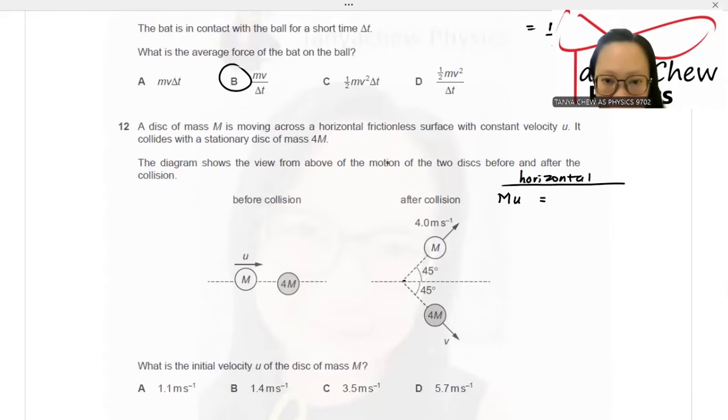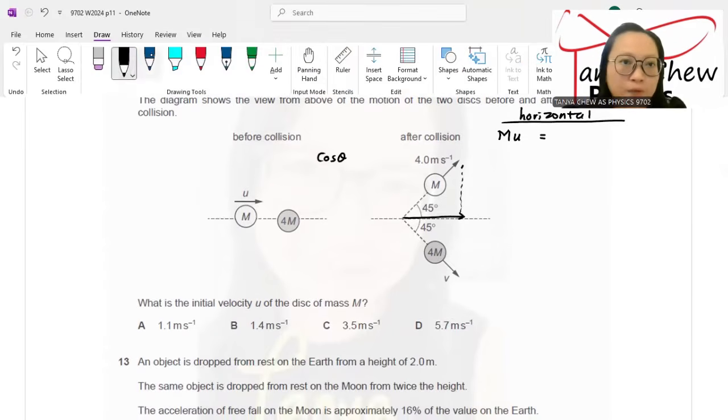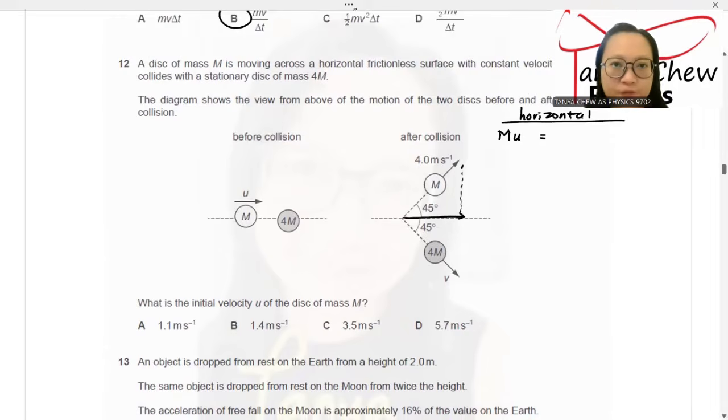After the collision, I do m first. M is moving to the right, and I want to resolve into the horizontal component, adjacent, right? Remember, the horizontal component is cos theta. I better write it here: cos theta, or cos 45.